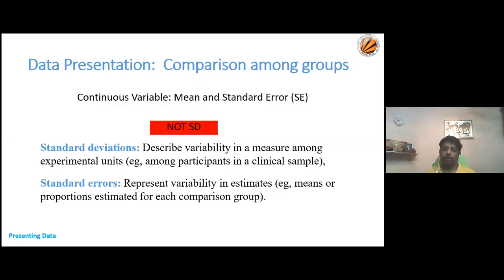It's the mean estimate compared with your population mean, how the mean of your group or sample varies. So the very important thing we need to understand here is that when you are comparing two groups, we must use mean and standard error for continuous variables, not the standard deviations.